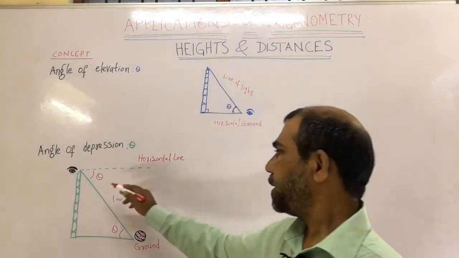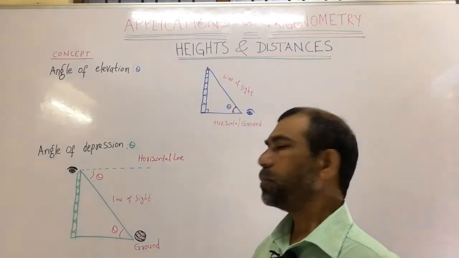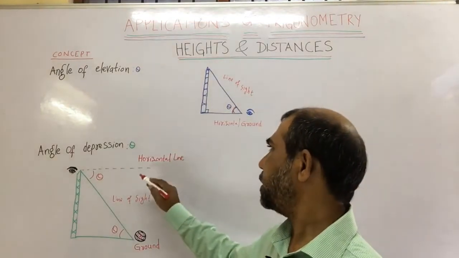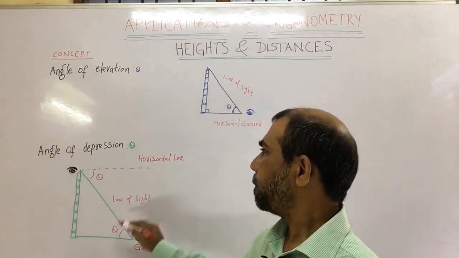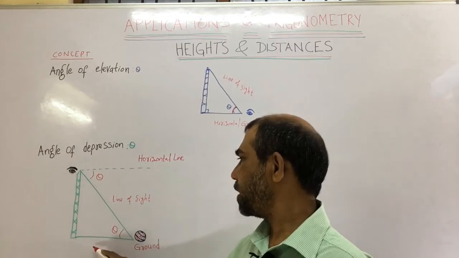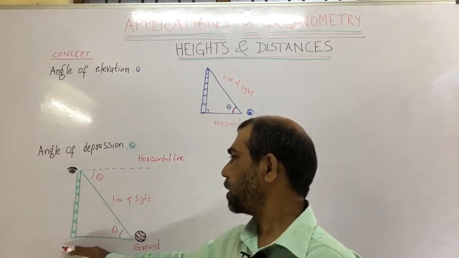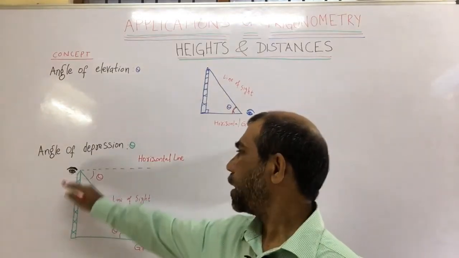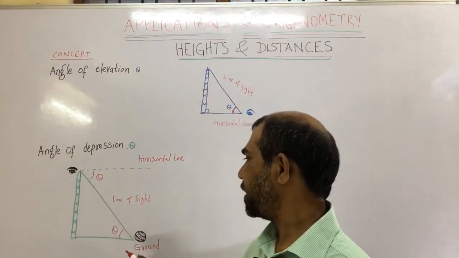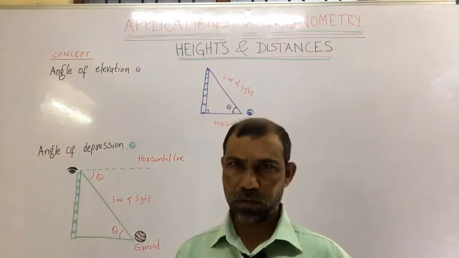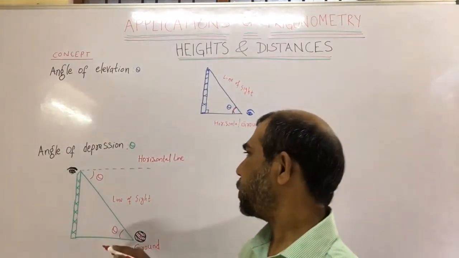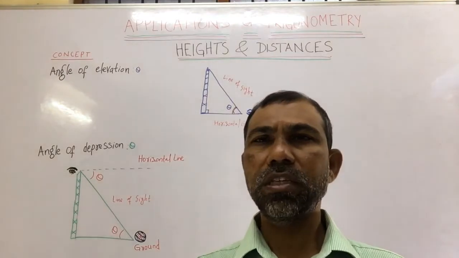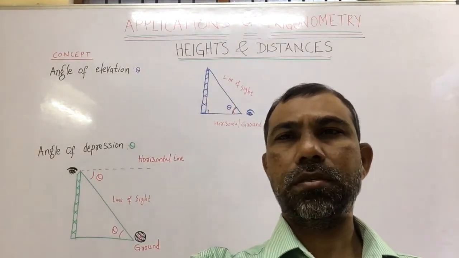So the alternate interior angles will be equal. So we can find any side, that means the distance of the tower or building from the observation point, or otherwise you can find the observing point. Similarly you can find any kind of information which is asked in the question.